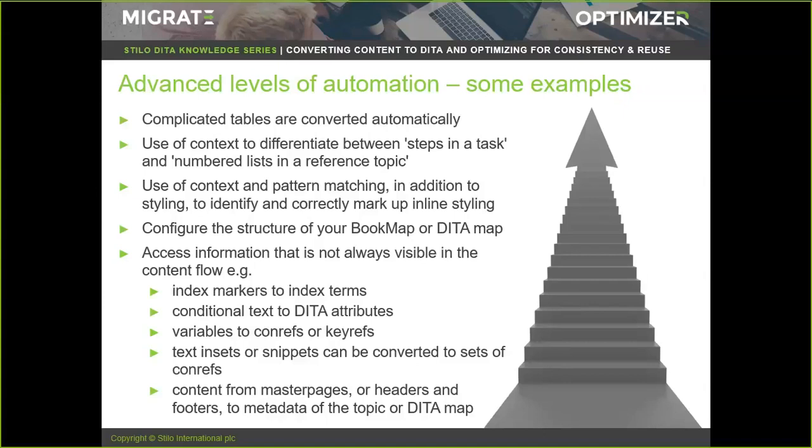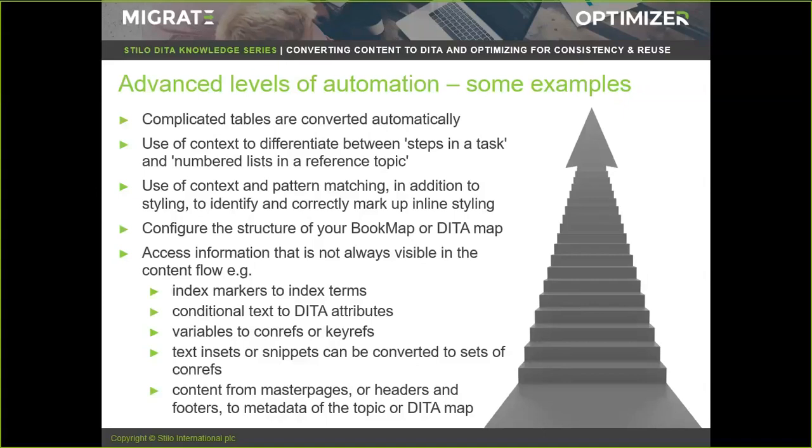And the last thing on my list is that we do also have access to information that might not be visible in your content flow. So for example, if you've got index markers, and they might be showing up in any of the input formats, Word, FrameMaker, RoboHelp, any of these, we can automatically convert those to DITA index terms.